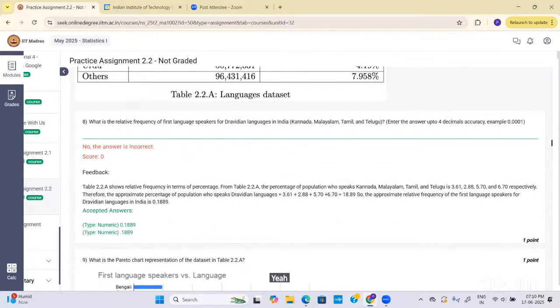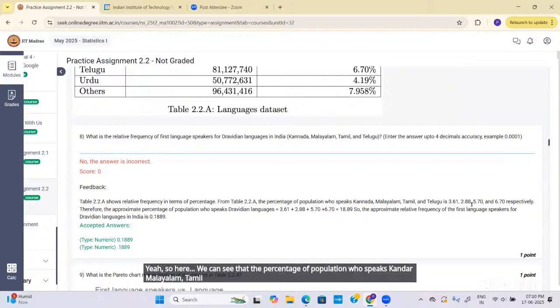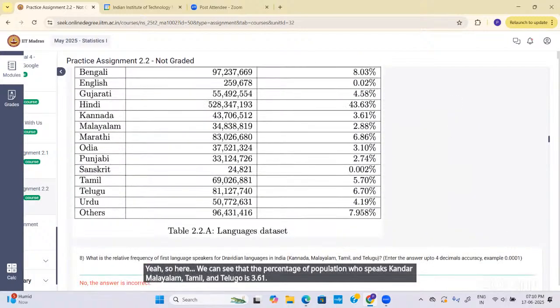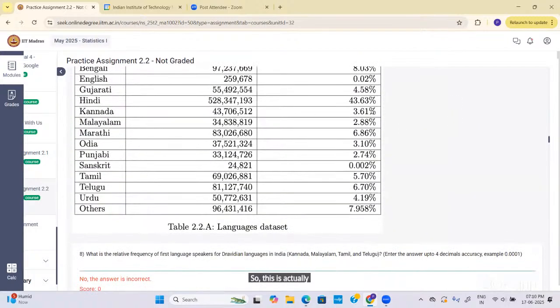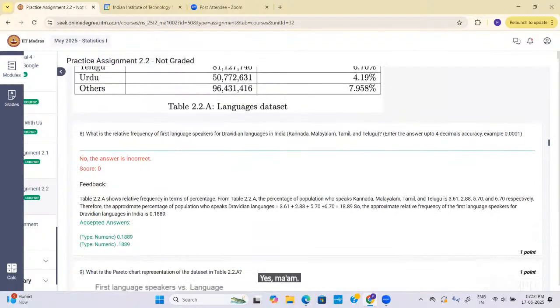Here we can see that the percentages of the population who speak Kannada, Malayalam, Tamil, and Telugu are given. First of all, they have calculated the total percentage. The total percentage is 18.89.